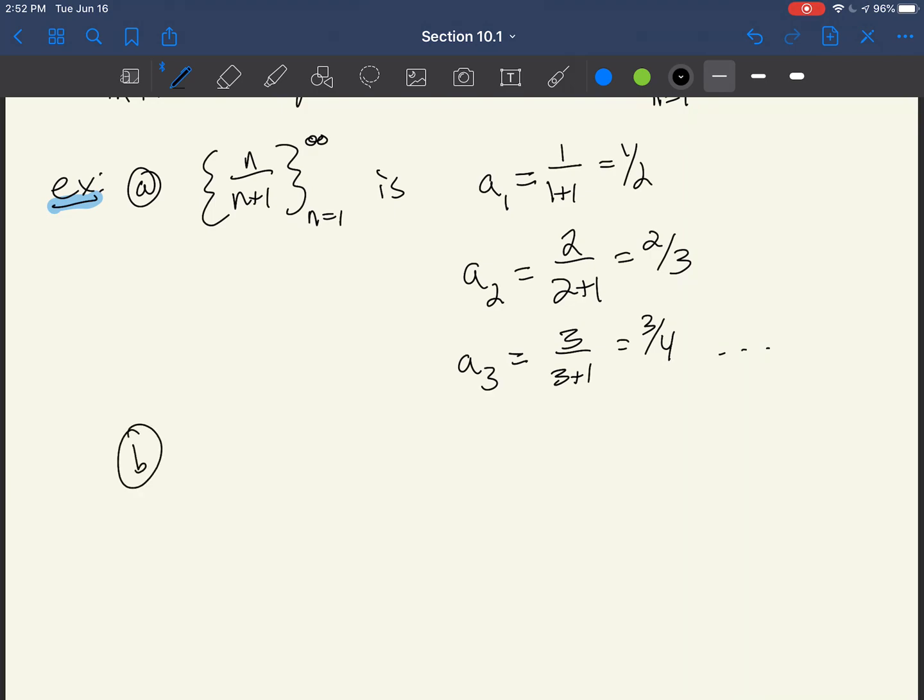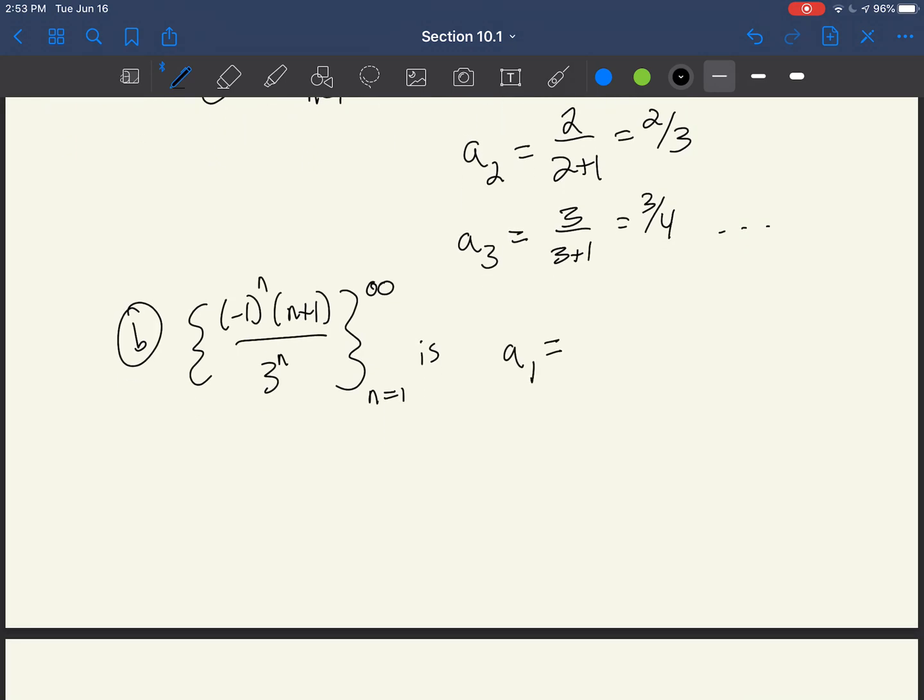Second example of a sequence, we have curly bracket, negative 1 to the n times n plus 1 divided by 3 to the n, and we'd start at 1 and go up to infinity. So the first term in this sequence would be replacing n with 1. So it'd be negative 1 to the first times 1 plus 1, which is 2, divided by 3 to the first, which is 3.